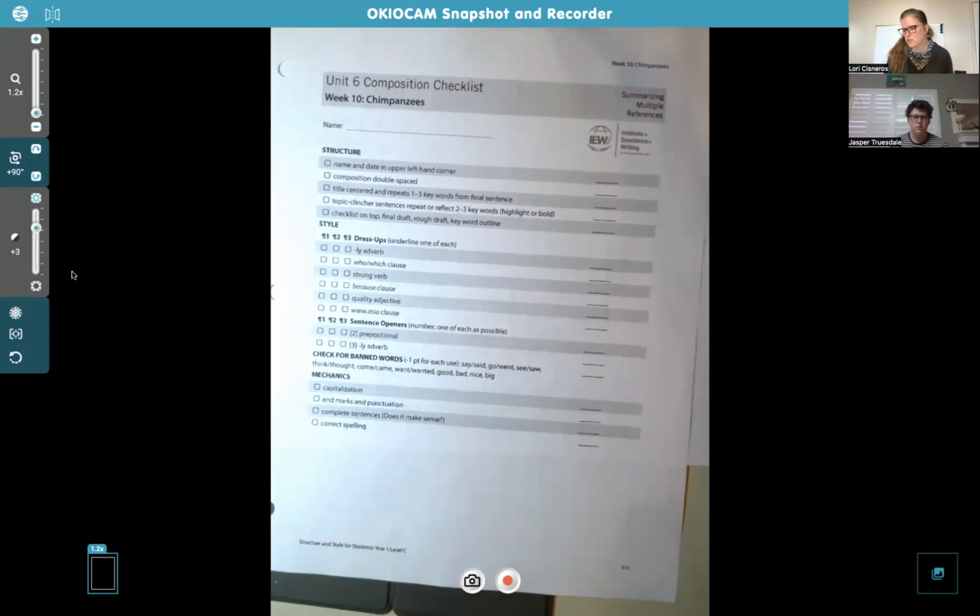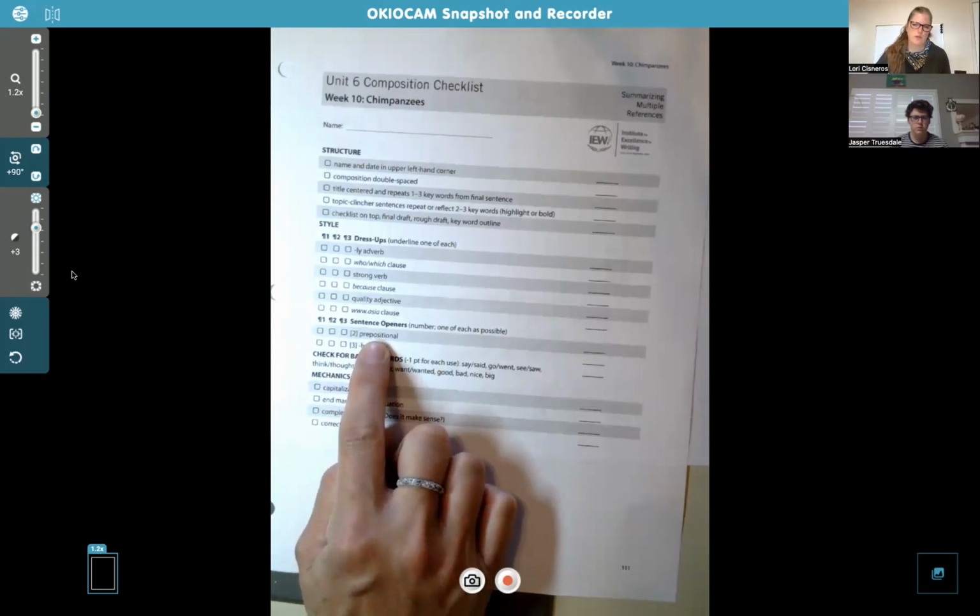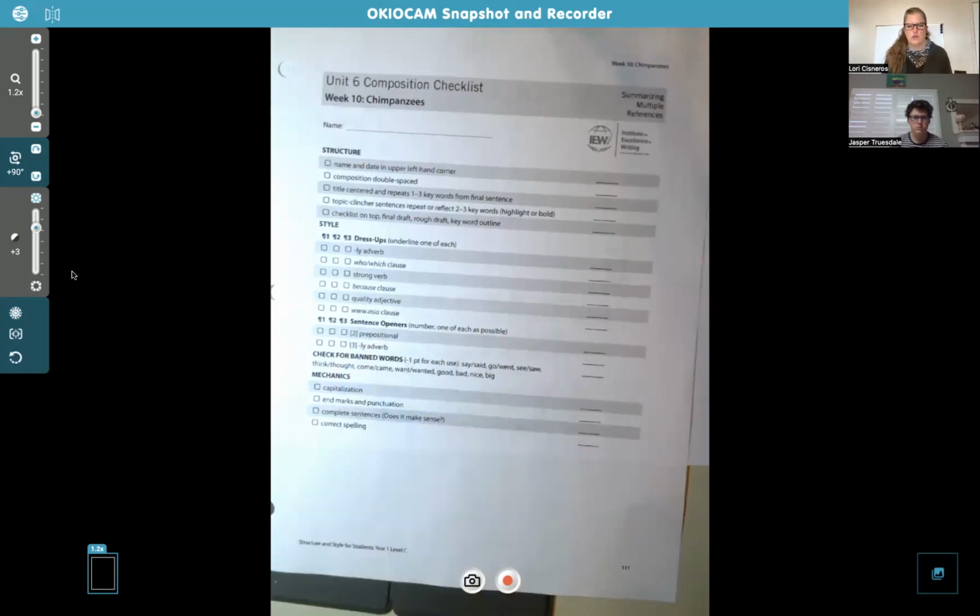And then just a quick reminder too, for the prepositional openers, you can use your list in your grammar book to help you figure out which one to use. But like I said earlier, I hope I didn't confuse you, but we were talking about ing openers earlier. So those are still prepositional openers. They're just with ing. So you can use one of those, like according to, or if you wanted to make reference to, or even a generic reference, like according to scientists, or according to this one scientist, Dr. Jane Goodall, you could do something like that as your opener.